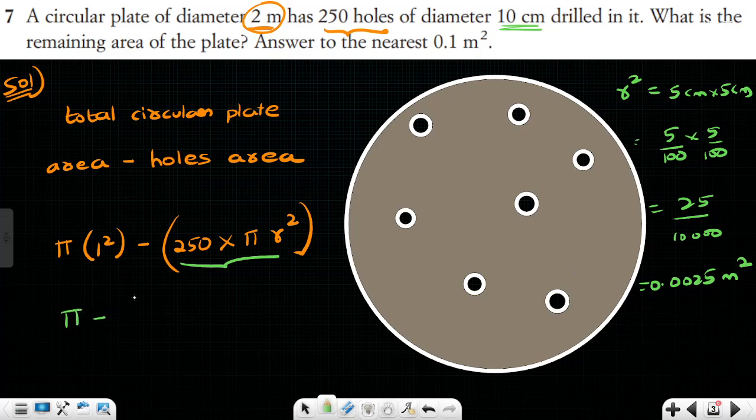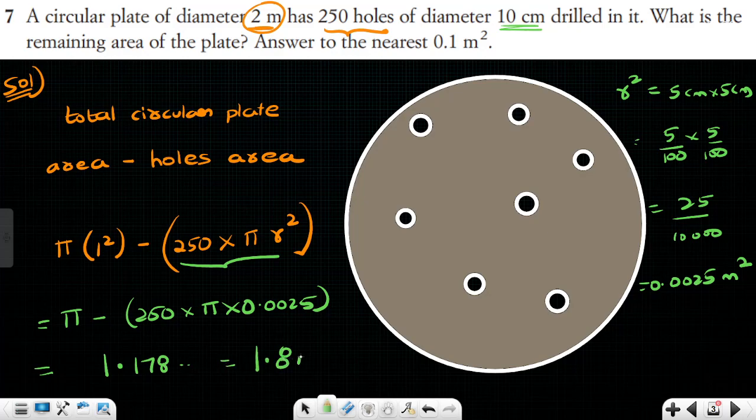So this r square value, we have to use it in this calculation. Pi into 1 is pi, minus 250 into pi into 0.0025. So I'm calculating using the calculator. Pi into... you'll be getting this as 1.178 something, but they asked to the nearest 0.1, so it's going to be 1.8 meter square.